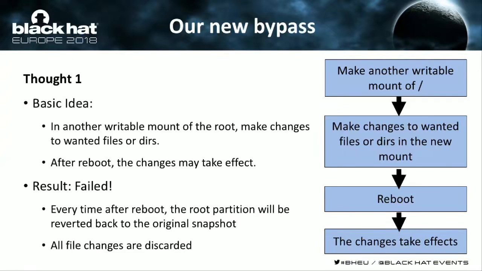What we want is that those changes take effect after reboot, but in fact, this attempt fails because every time after reboot, the root partition will always be reverted to the original snapshot, and all file changes we have made are discarded.